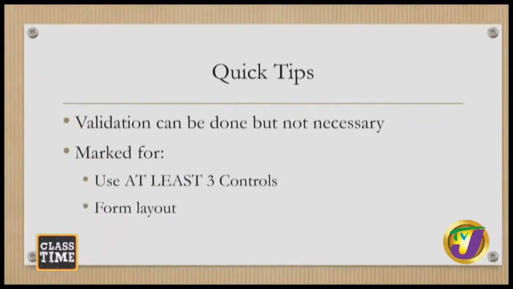So, quick tips, coming back from your exam or from your SBA, you'll be marked for at least 3 controls. So this is inside your SBA. This is inside your syllabus, all right? So 3 points for 3 or more controls and 2 marks for your layout, all right?